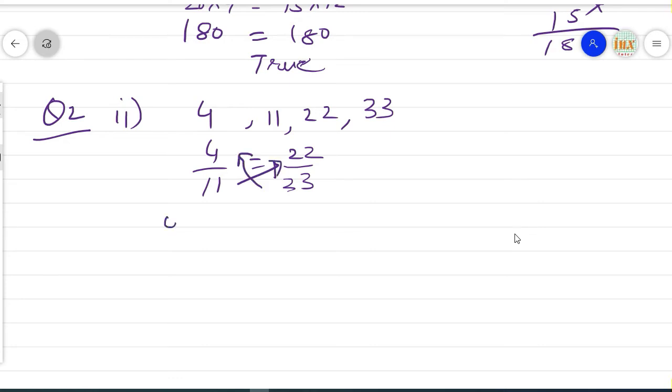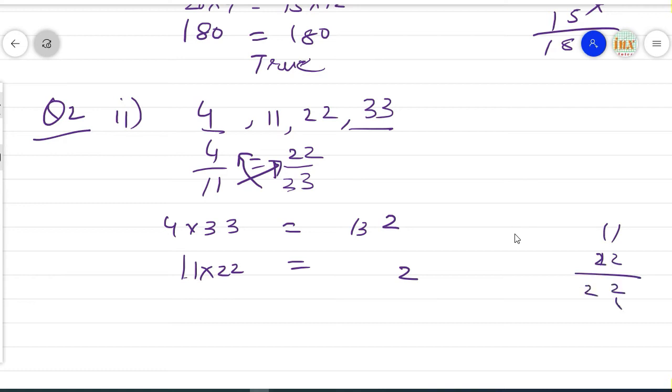We get 4 into 33, which is 4 3s are 12, 132. Then we have 11 into 22, the product of means, so we multiply 11 with 22. 2 ones are 2, 2 ones are 2, so you get 242.